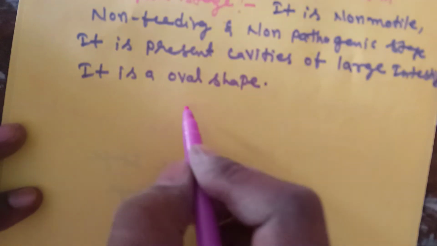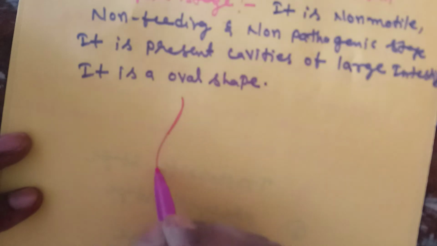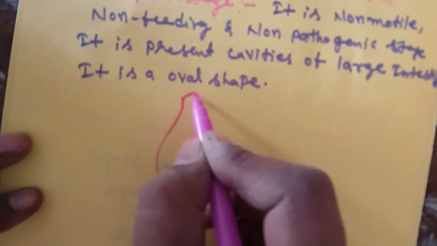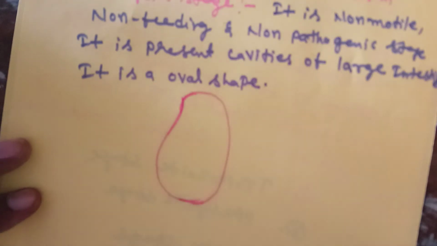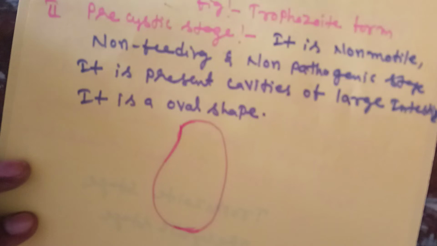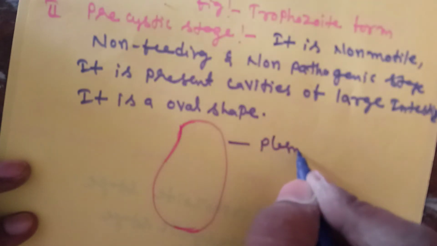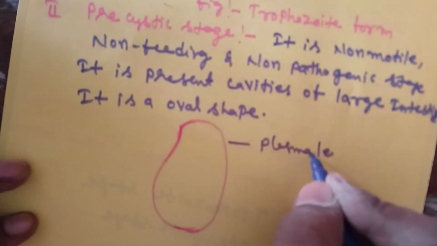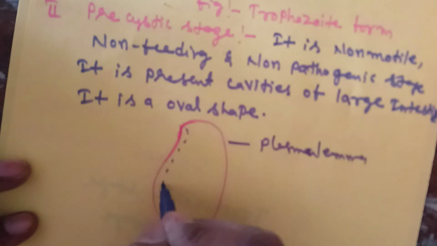So generally this is the pre-cystic form. In the pre-cystic stage, the body is covered by the outer plasmalemma, and that is the cytoplasm.